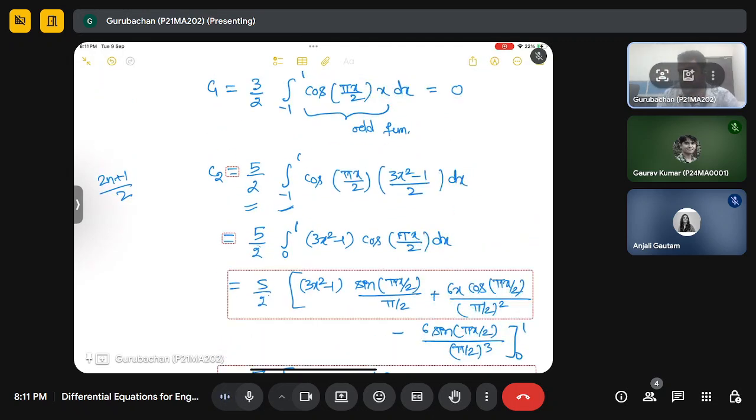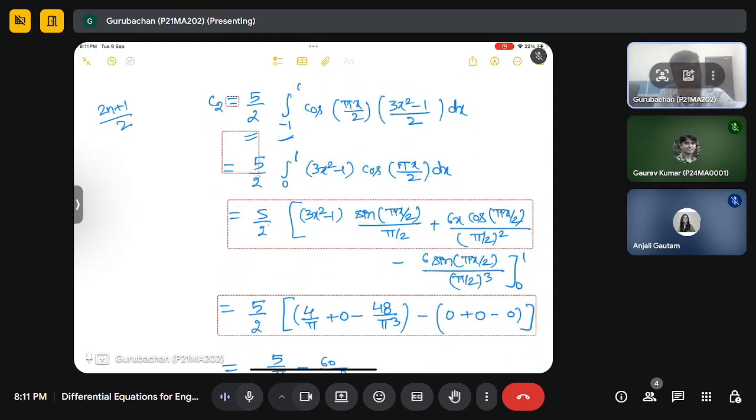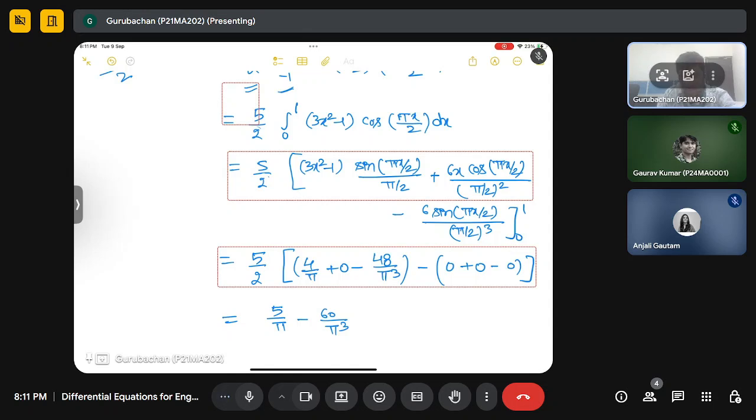Now we are left with (3x square minus 1) cos pi x. This will be sine pi x by 2 divided by pi by 2, and the differentiation of this will be 6x with negative sign, and since we are again integrating sine as cos, it will become positive cos pi x by 2 over (pi by 2) whole square, again negative sign, and cos will become again sine, sine pi x by 2 over (pi by 2) cube.